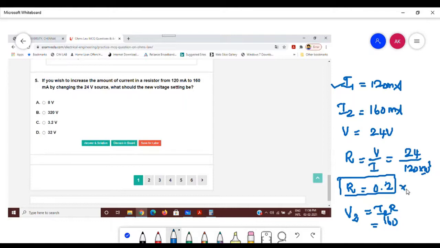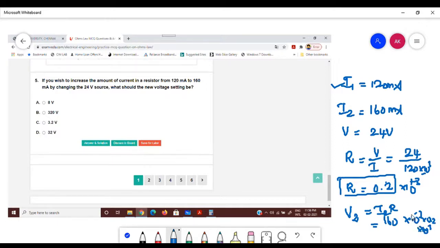It is 160 into 10 to the power minus 3 into 0.2 into 10 to the power 3.